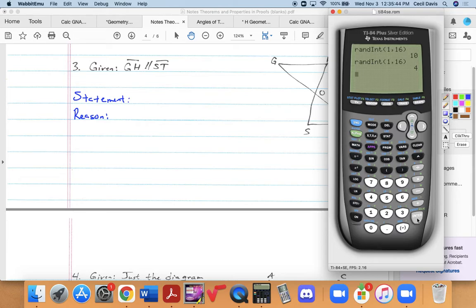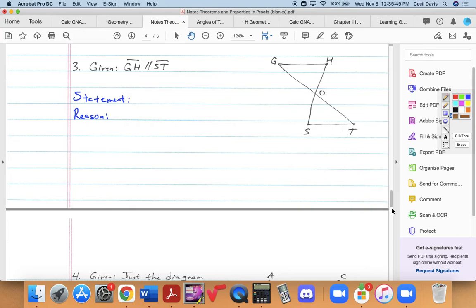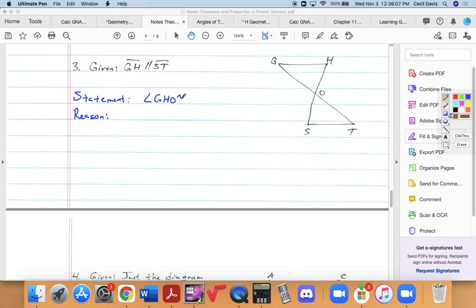All right, let's see. 16, Emiliano. What did you put for a statement? I didn't know if this was correct. I put GHO is congruent to OTS. Wait a minute, GHO is congruent to what was the other one?